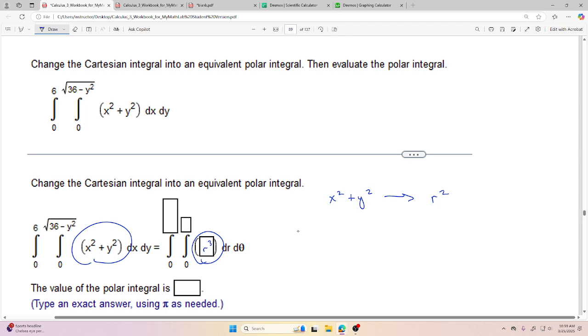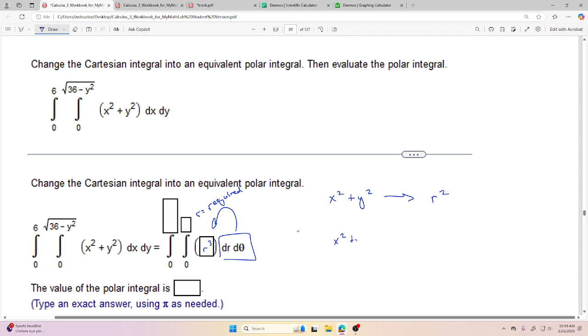What? Again, they're trying to trick you. Watch out big time. I'm going to erase this a little bit because it's in the way now. You see how they have just r dr d theta? But I have to have a required r. Ding dong. So in a way, what I said is it's r squared times an r.